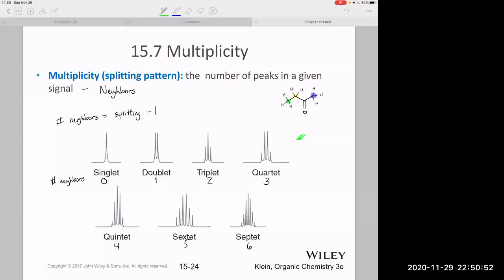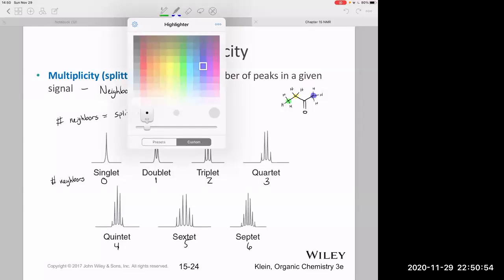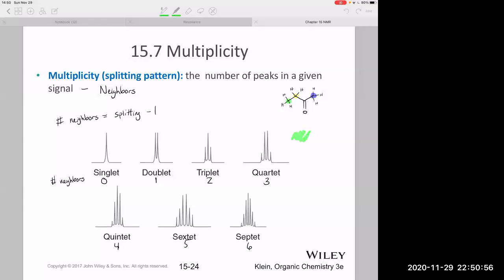My green peak, well, first of all, we'll have an integration of 3, but in terms of the splitting, since these 3 hydrogens have 2 neighbors, meaning that there are 2 hydrogens on the neighboring carbon, we would expect this peak to be a triplet.